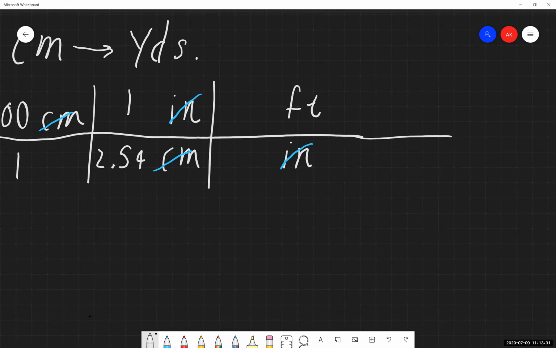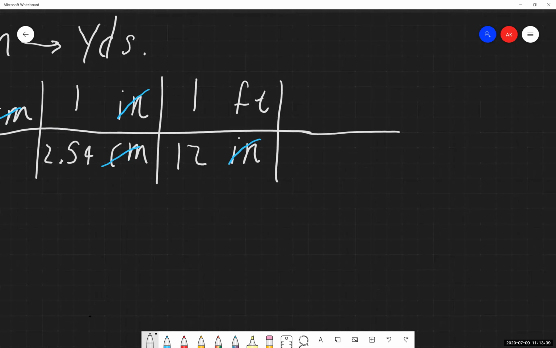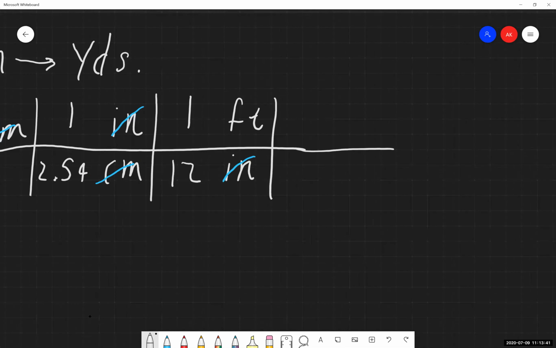Now fill in the numbers. 1 foot is 12 inches. And I'm looking again to see, okay, I need to end up in yards. Is there a feet to yards conversion? Yes, there is. So if I want to cancel out feet in the numerator spot, feet needs to go in the denominator spot in my next thing that I'm working with.